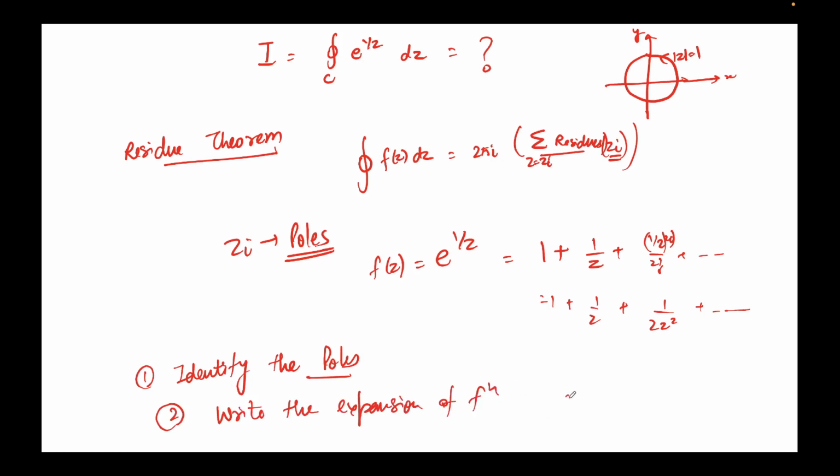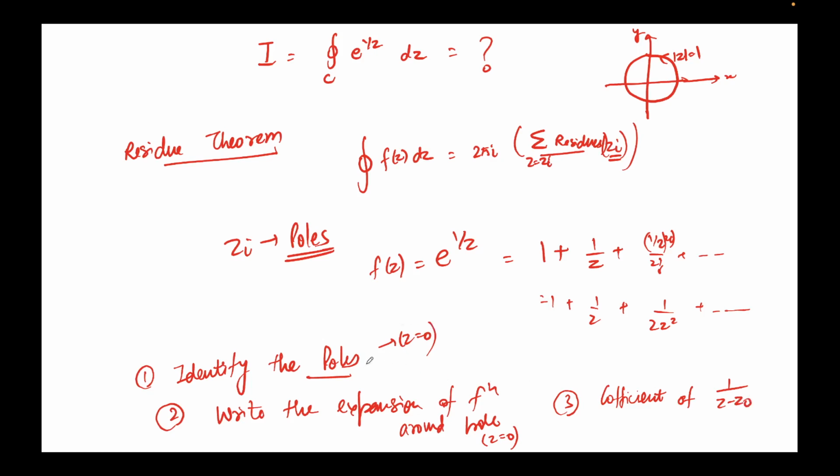And the third step is the expansion of the function around the pole. This is important, around the pole. So here the pole was at z equal to 0, and we write the expansion around z equal to 0, and we find the coefficient of 1 over z minus z naught.